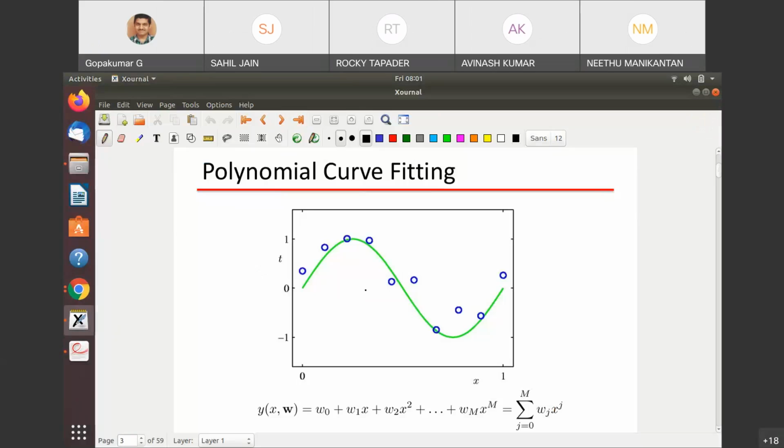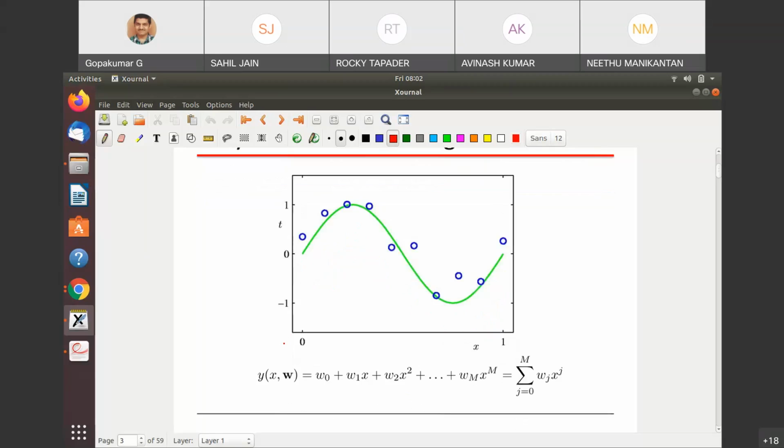Okay, fine. So last class, we were discussing a typical example of a pattern recognition problem. We started with artificial data, created from a sine 2 pi x function, and then we added random noise. So we have this set of blue points, and we defined a general polynomial of order m.